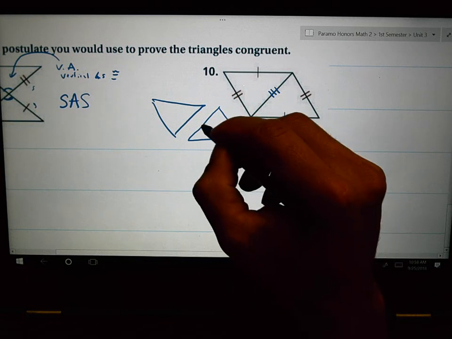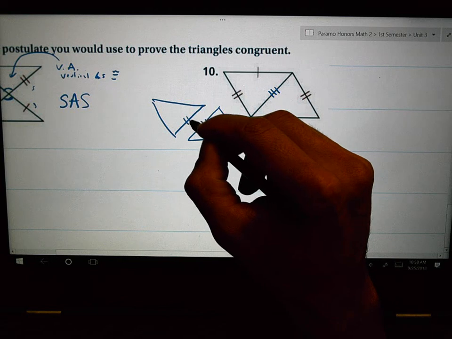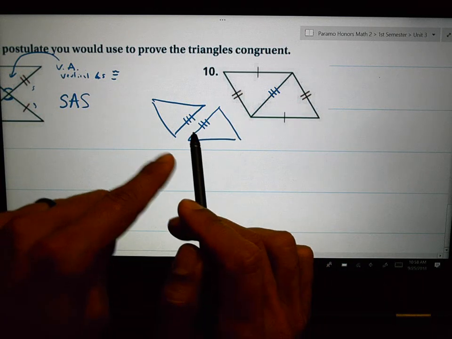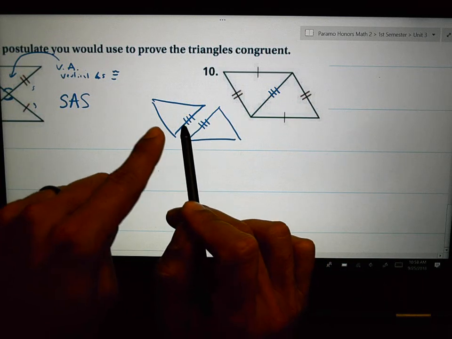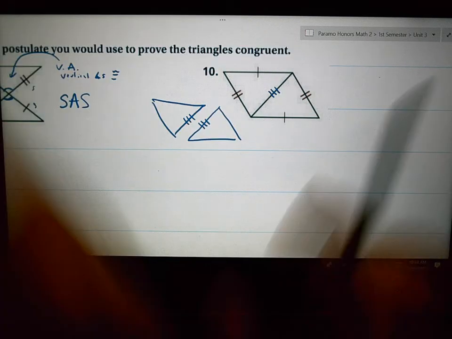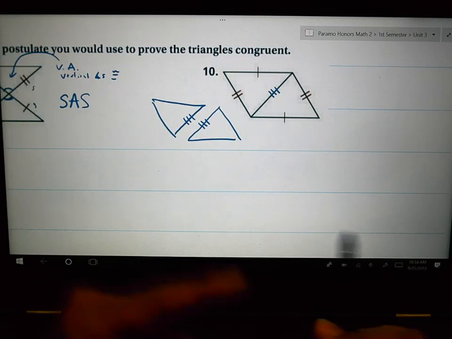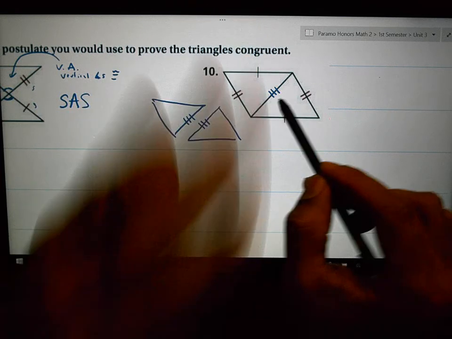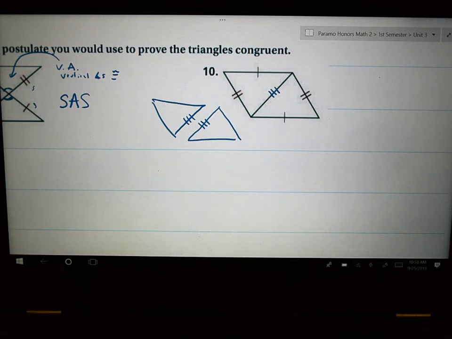And if you don't see it, it might be helpful to separate the two triangles so you can see that the third side is the same as the other third side because it's shared in both triangles. So this is the third side of this triangle and the third side of that triangle. You can only add it if it's shared, and that's shared.